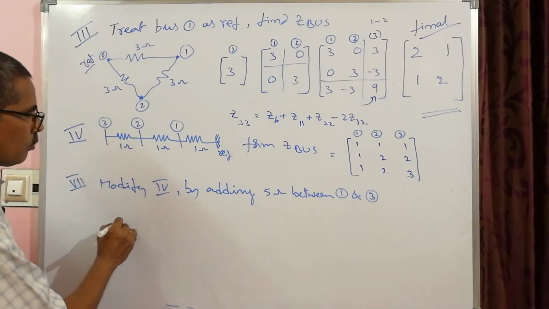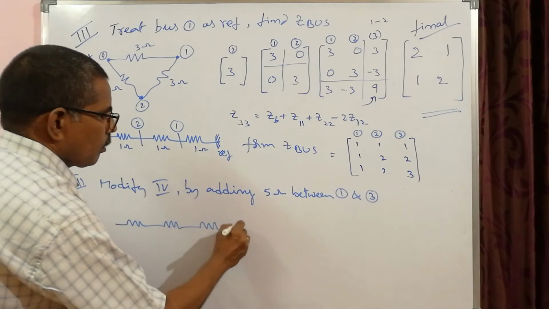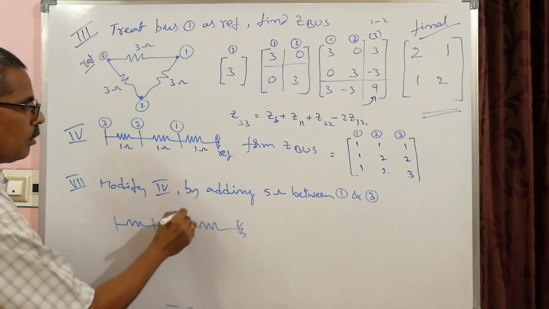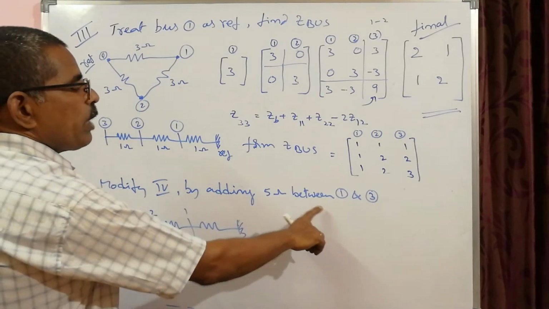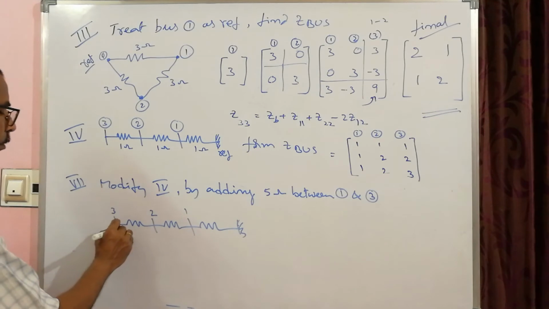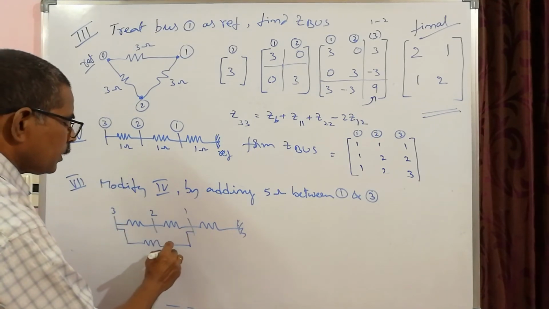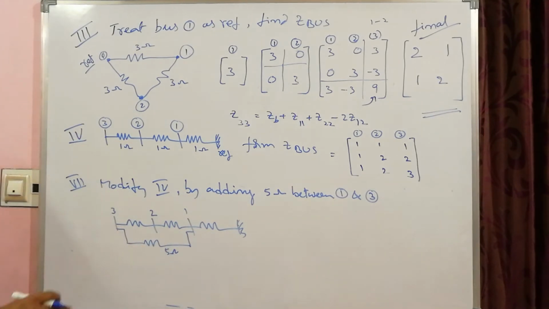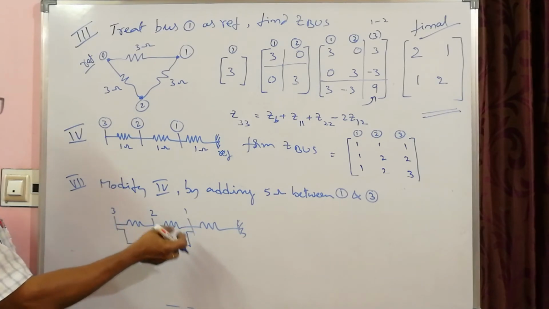You are asked to do 1, 2, 3 buses, 5 ohms between 1 and 3. This is 5 ohms. So, here again it is adding 5 ohms between two existing buses, case D.